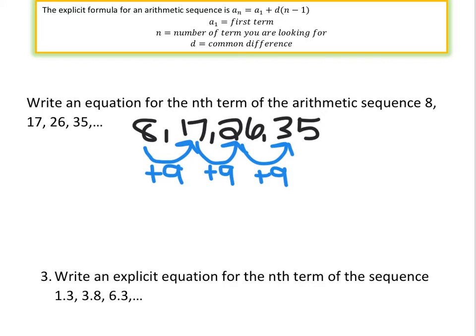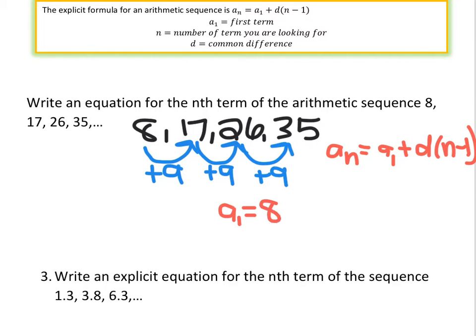So the formula for an explicit sequence is a sub n equals a1 plus d times n minus 1. We're going to need to know a1, which is our first term.